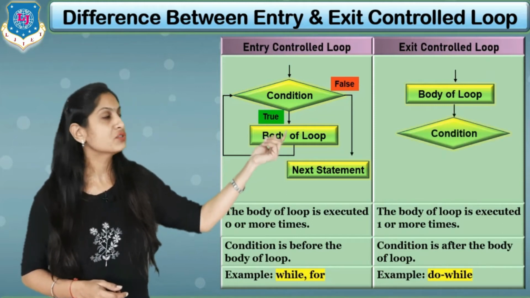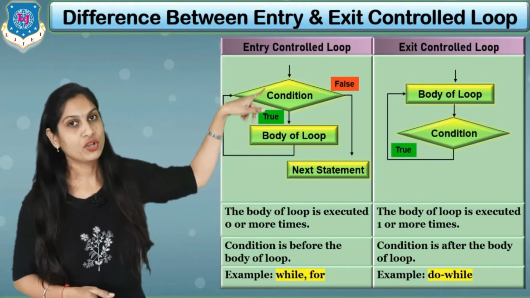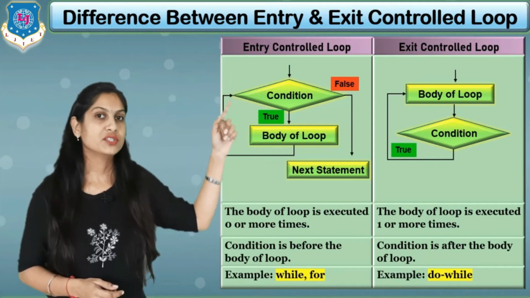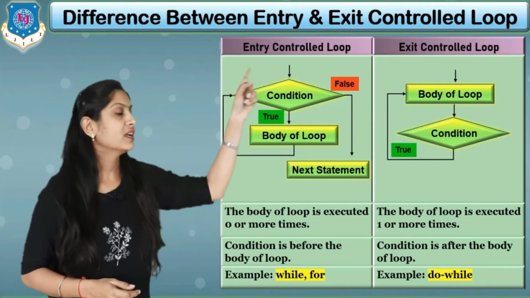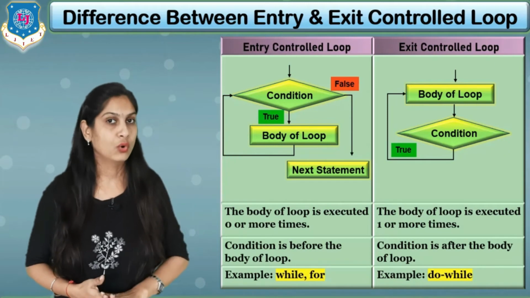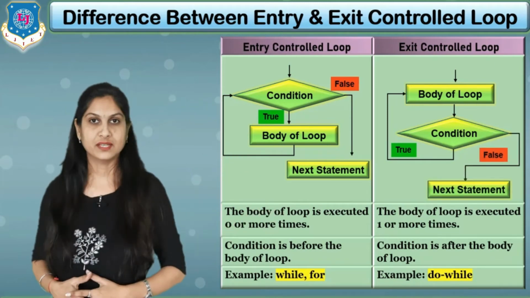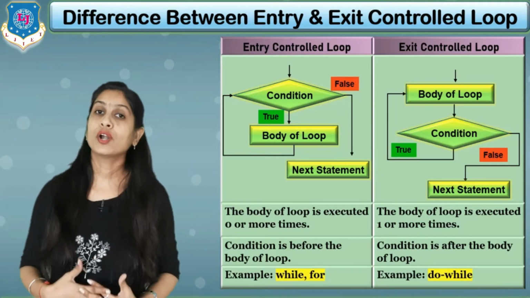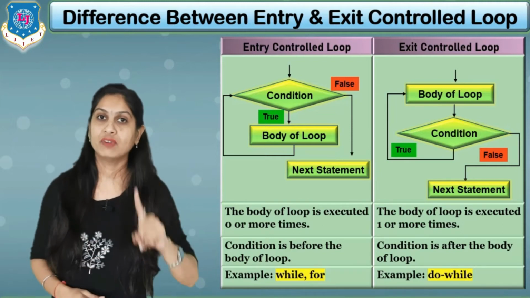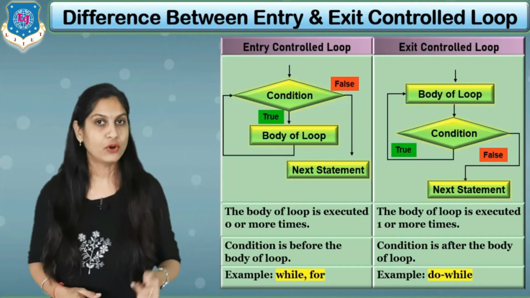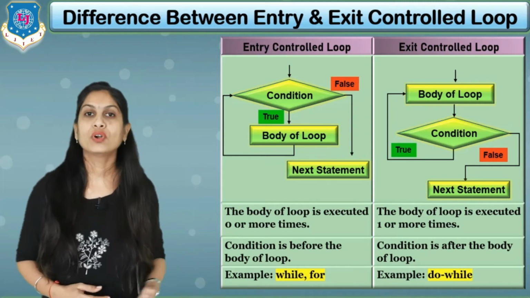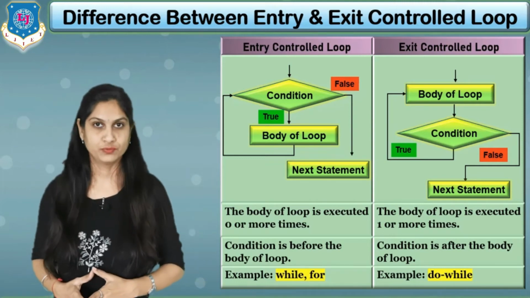If the condition is true, then again we move to the body of loop. Again check the condition, true, then body of loop. So here the repetition is our loop, and when this condition is false, we move to the next statements. So the body of loop is executed 1 time when our condition is false, and it executes more times when our condition is true.